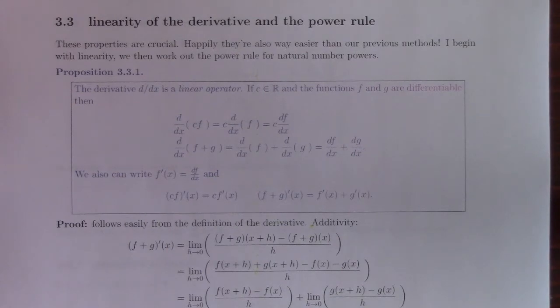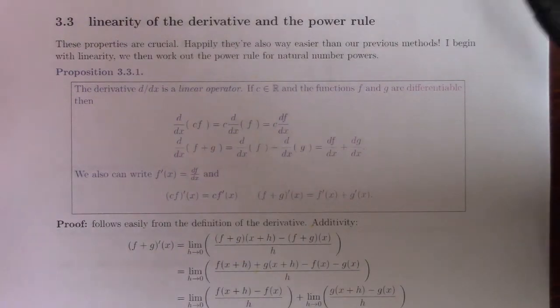But mostly limits, and also the definition of the derivative at a point. I do have a little bit of space reserved on test 1 for testing you on the basic rules of differentiation, because it's so important. I want to make sure I test it twice. So that's what section 3.3 is on here.